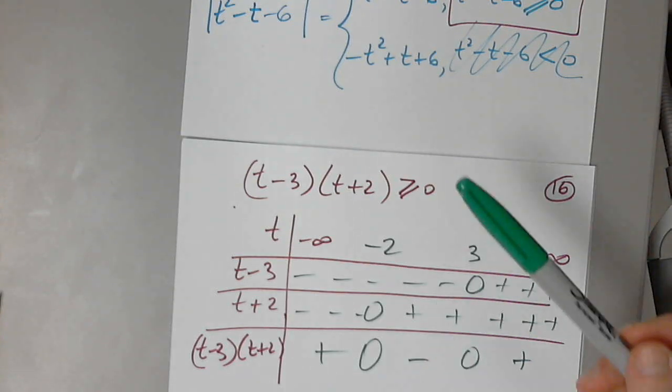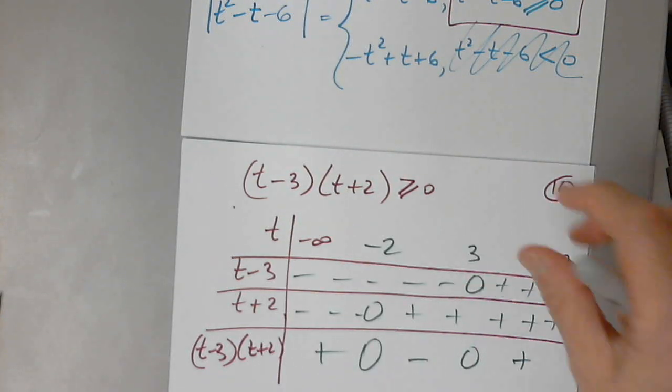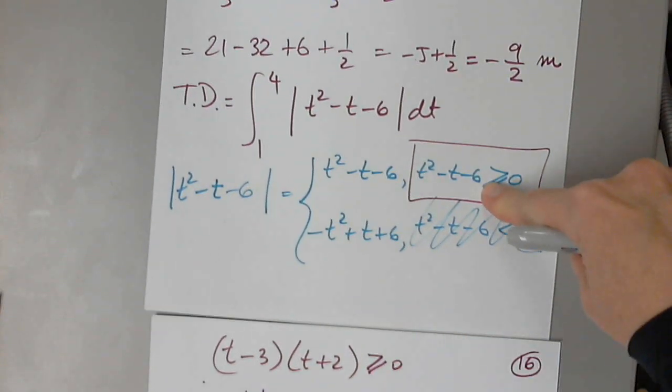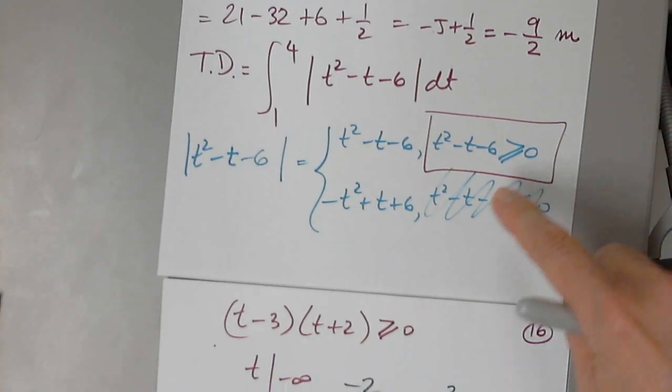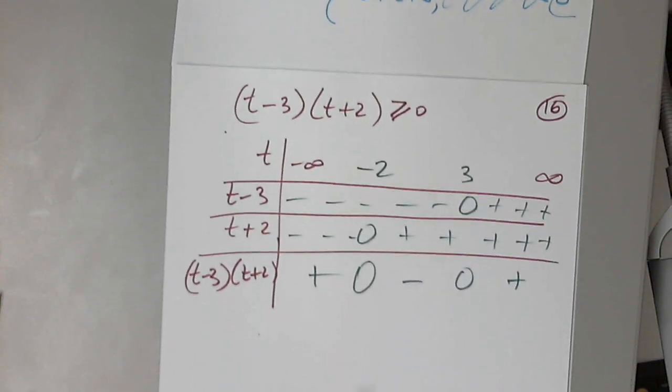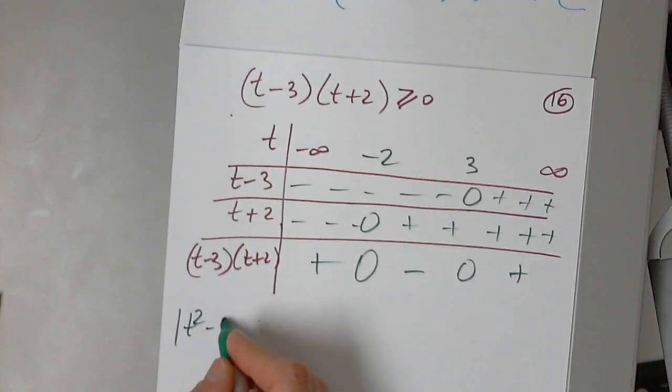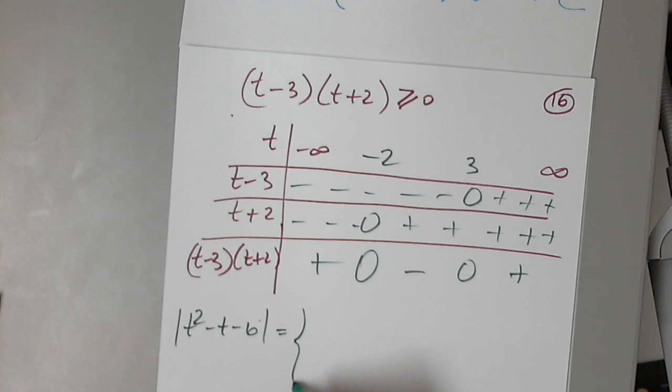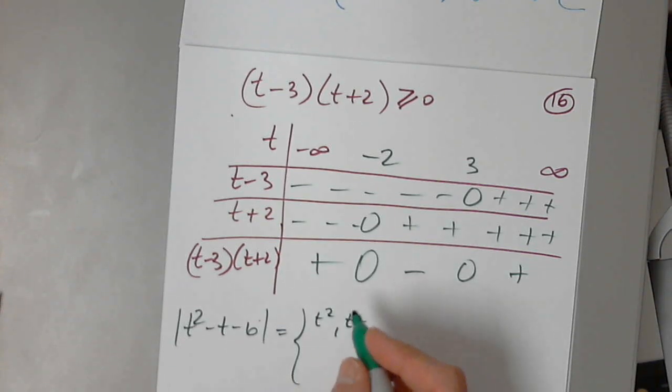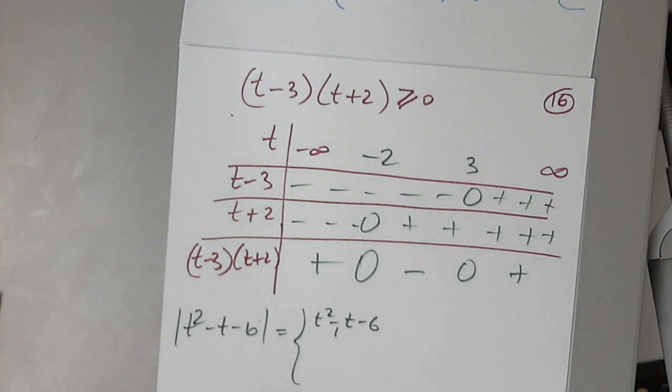So now I have the answer for this. And I have the answer for this. Inequality. What do I write? So let's rewrite it again. So t squared minus t minus 6 in absolute value is t squared minus t minus 6 when or if what?